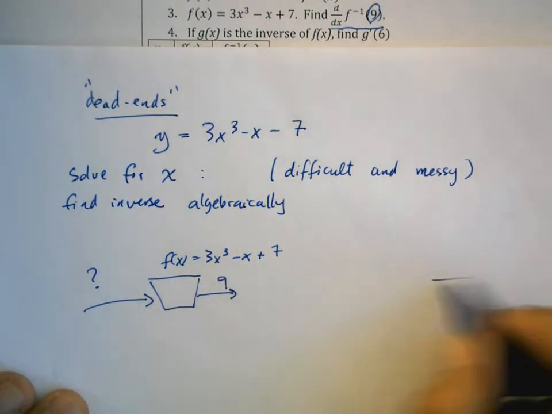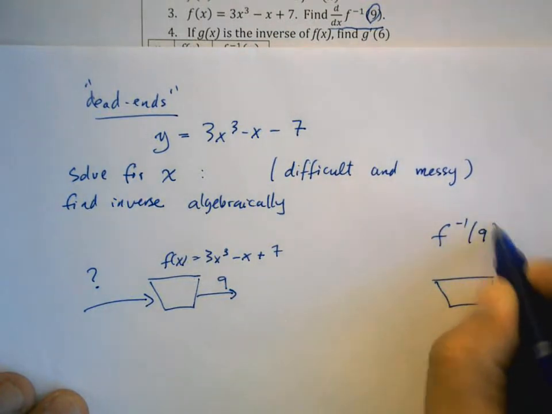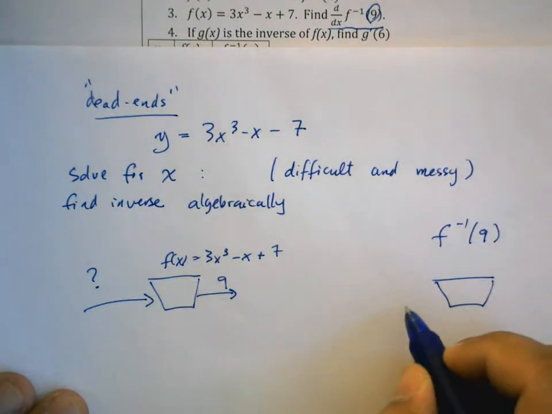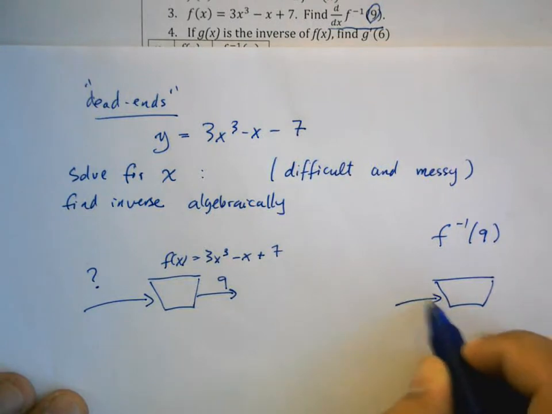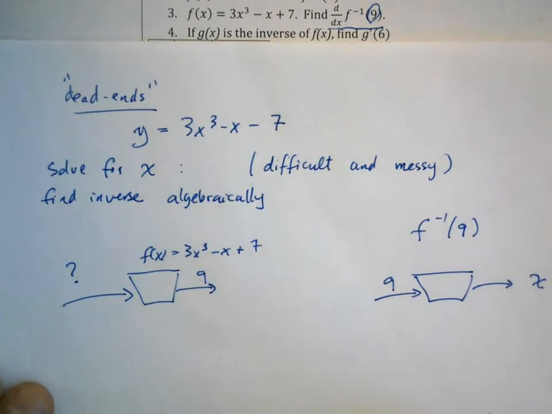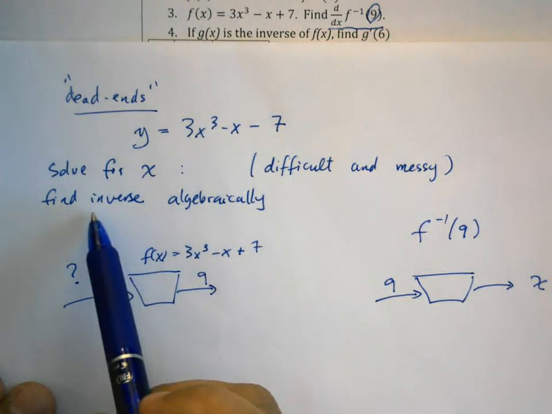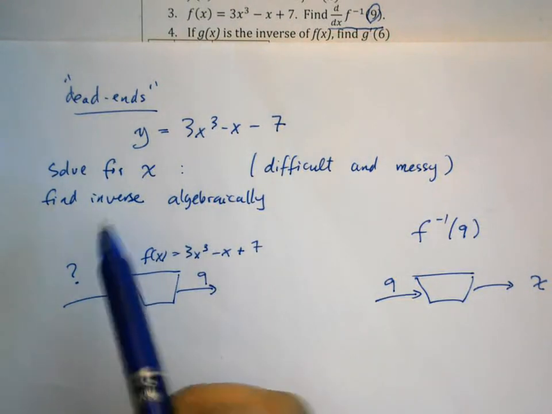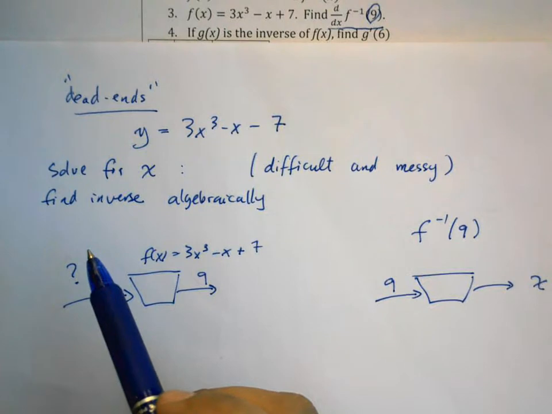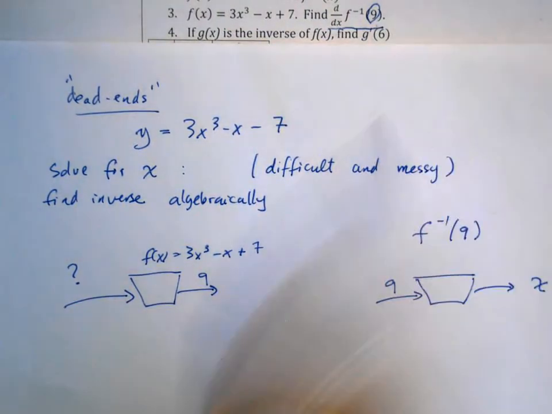That is the exact same thing as saying f inverse of 9: we're feeding 9 into here, and we're going to get out some other value x. So we don't need to find the general function for the inverse function. What we only need to deal with is the inverse at a specific value, 9.